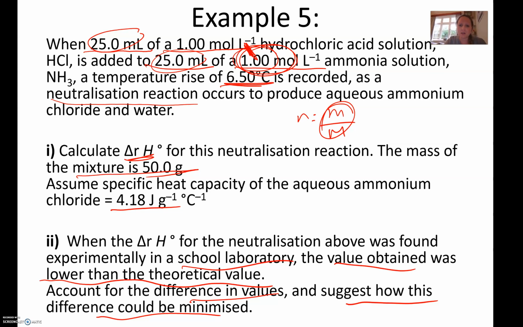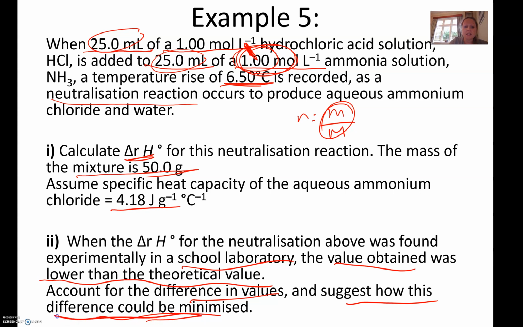And if some heat is lost to the surroundings, it means it's not being transferred to the water, which means our value is lower. Another reason could be that it wasn't conducted at standard conditions, so we weren't able to get the value that's been compared to standard conditions. Another reason could be that some heat was lost to the apparatus, to the container, and therefore it wasn't being transferred to the water. So any of those are fine.